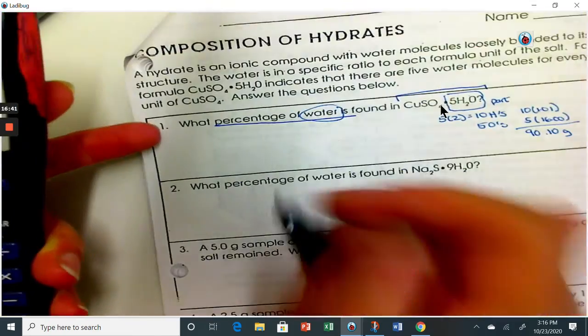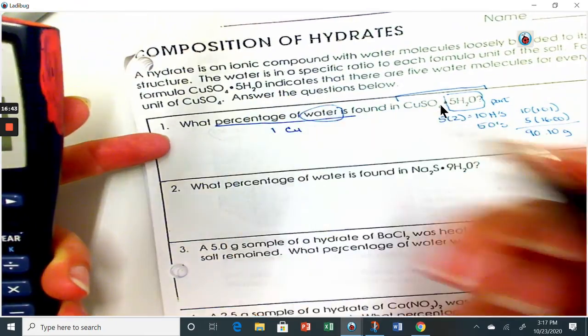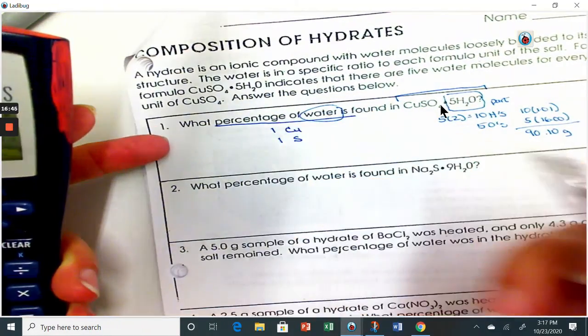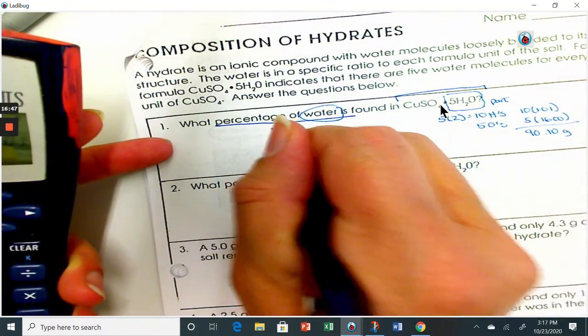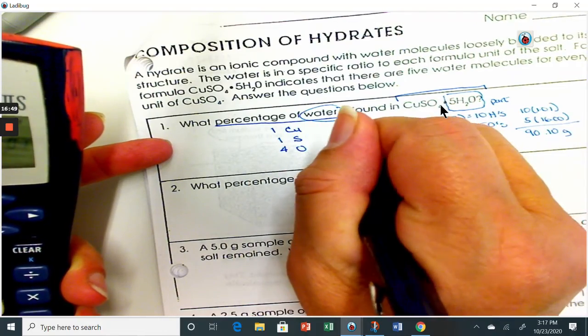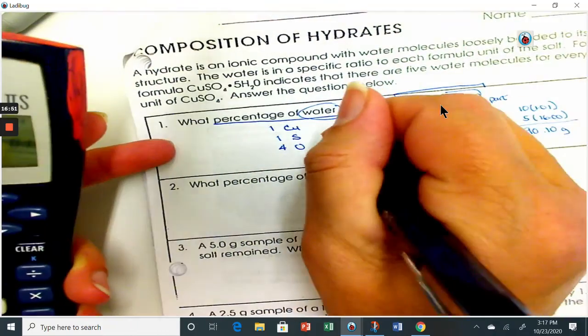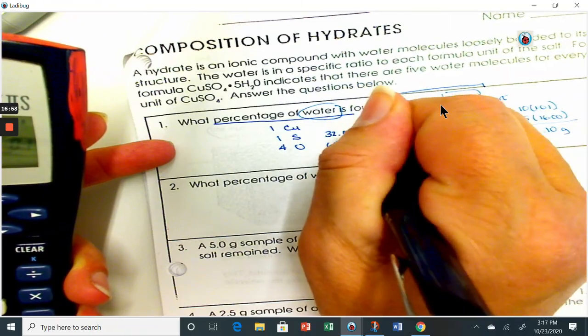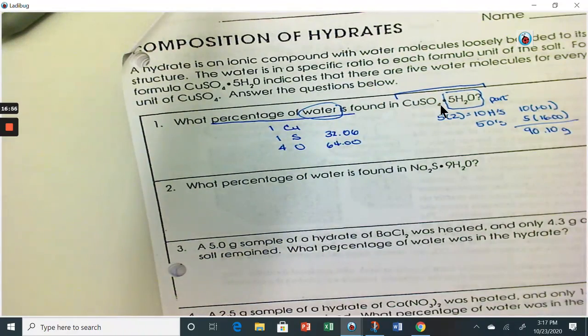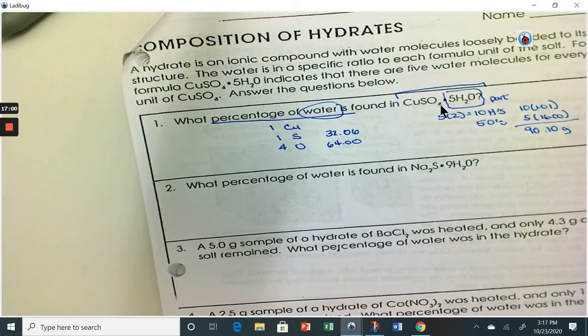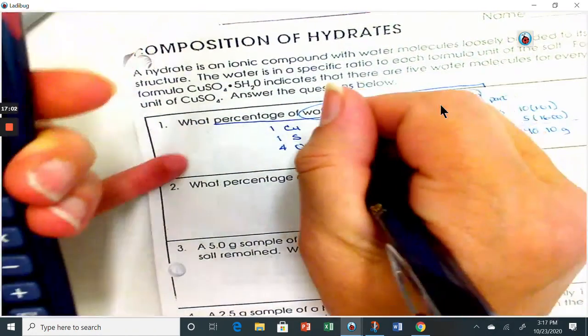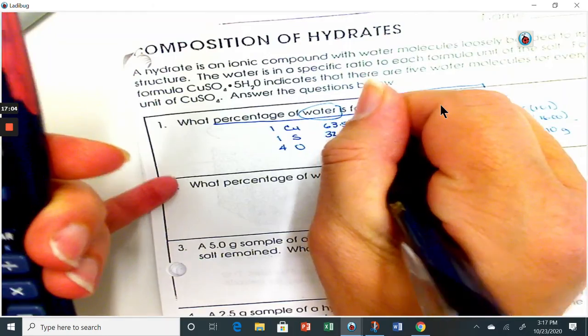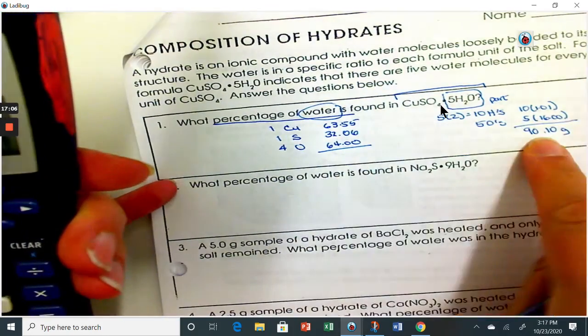And over here, you've got 1 copper, 1 sulfur, and 4 oxygens, 64. 1 sulfur is 32.06, and a copper, oh, I can't remember copper, 63.55. Again, you're going to total this up. You're going to add these two together.